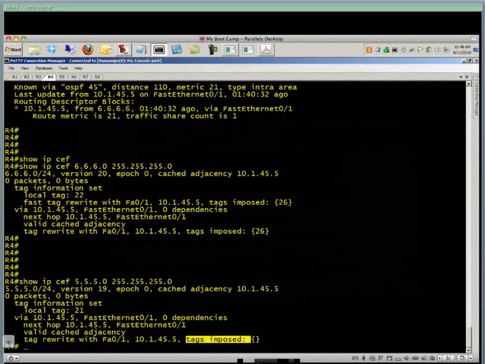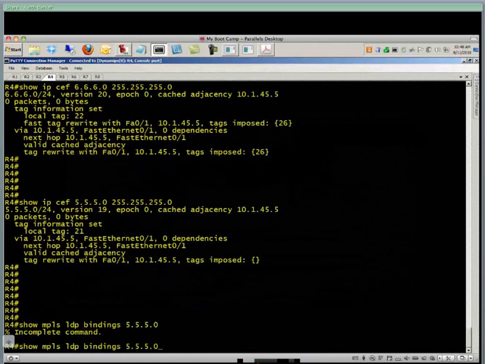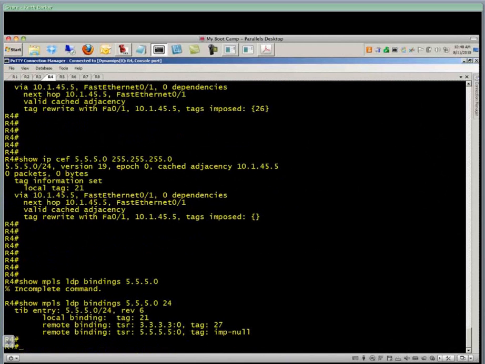So if we went back to R4 and did a show of the bindings for 5, and it wants 24 bits. Okay, so there's all the bindings we have for 5, and here's the winner circle for 5.